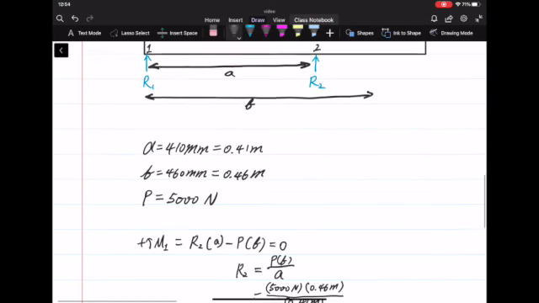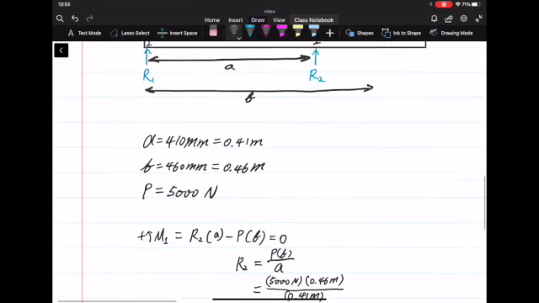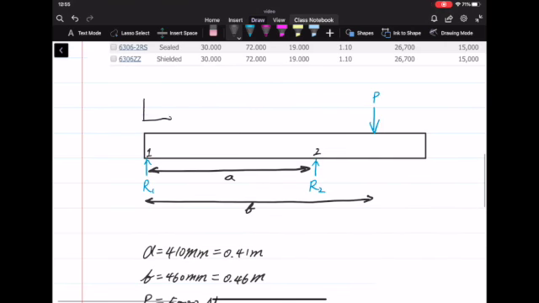Now next we're going to find reaction R1. We had this is R2. We're going to make the sum of the forces in Y equal to 0.